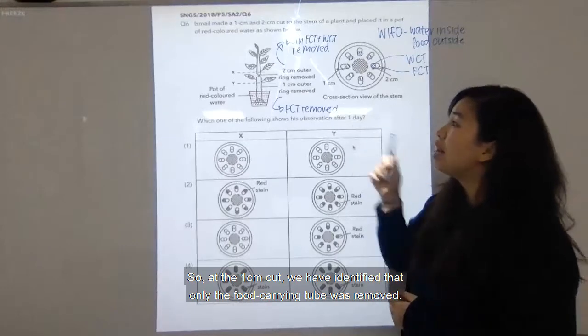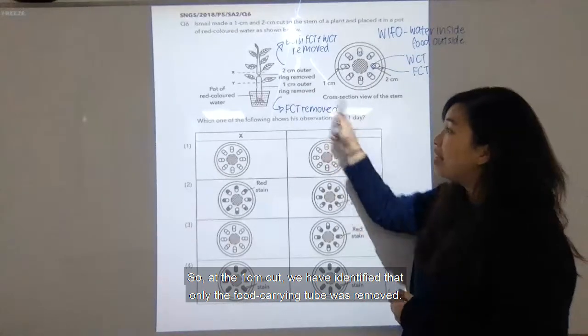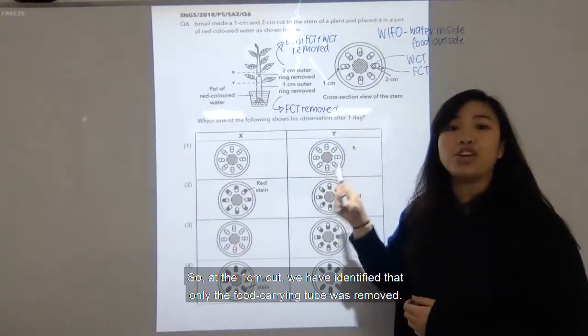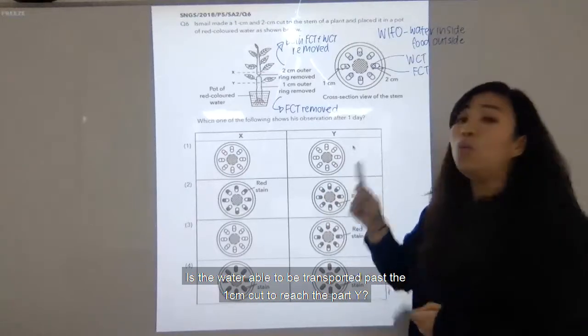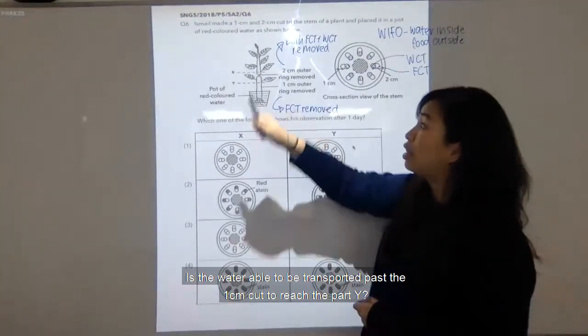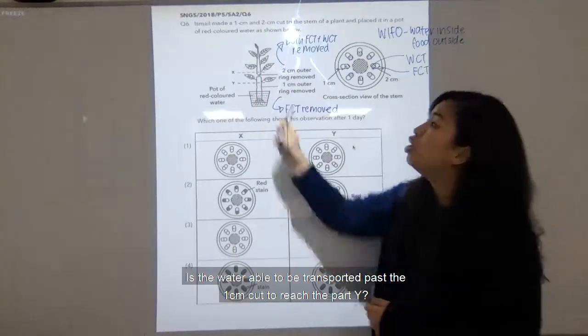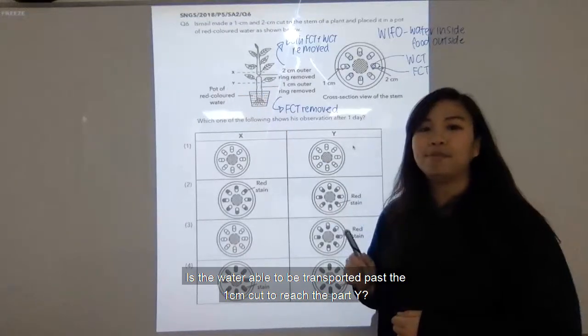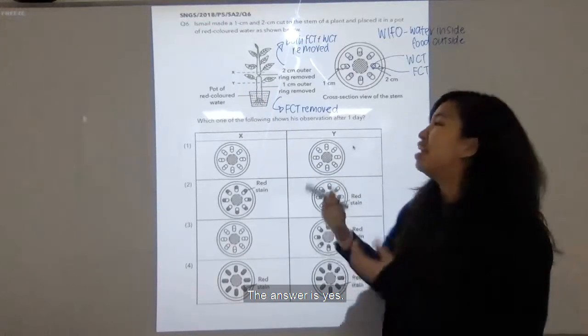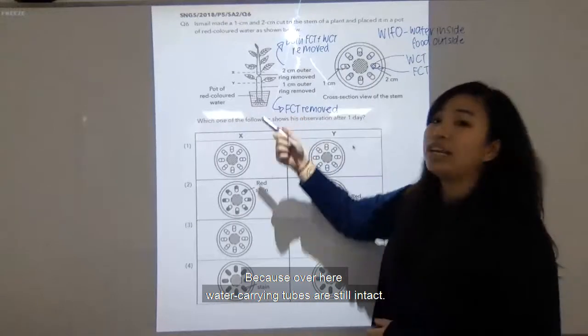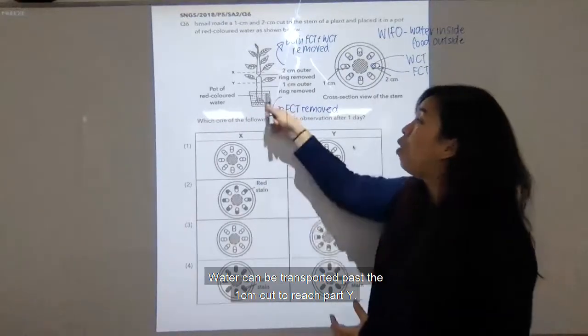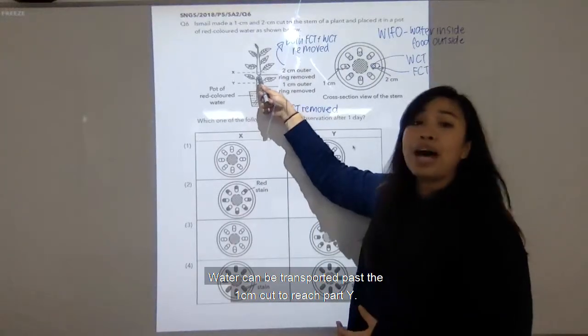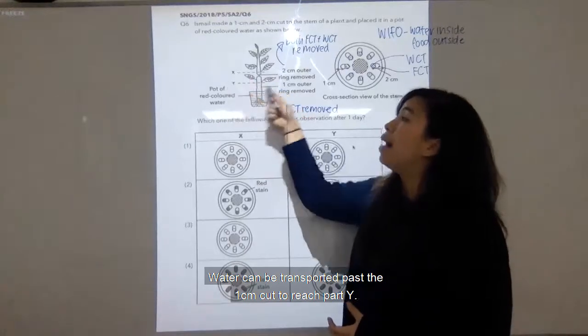So at the 1 cm cut, we have identified that only the food carrying tube was removed. Is the water able to be transported past the 1 cm cut to reach part Y? The answer is yes, because over here water carrying tubes are still intact. Water can be transported past the 1 cm cut to reach part Y.